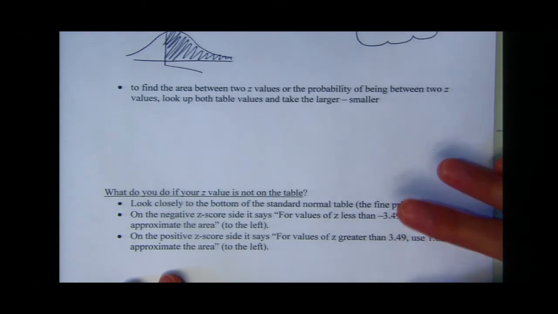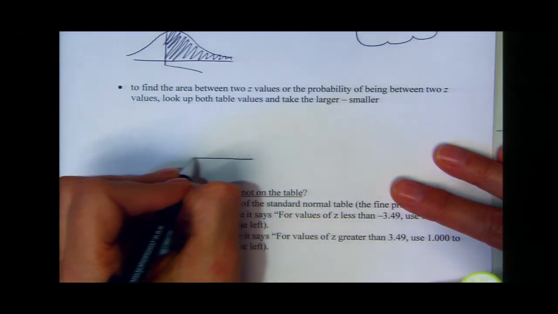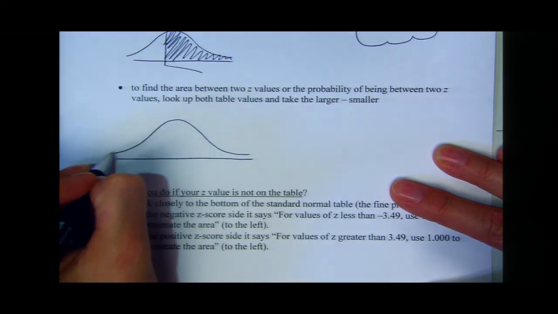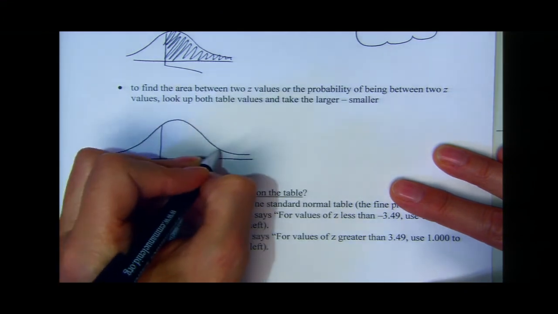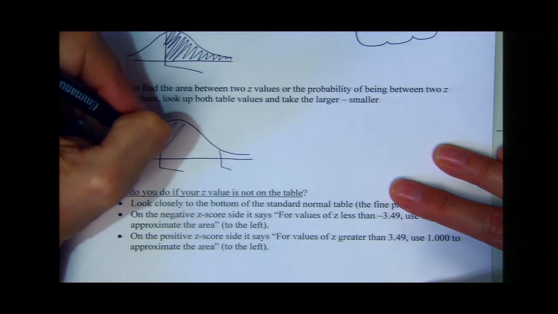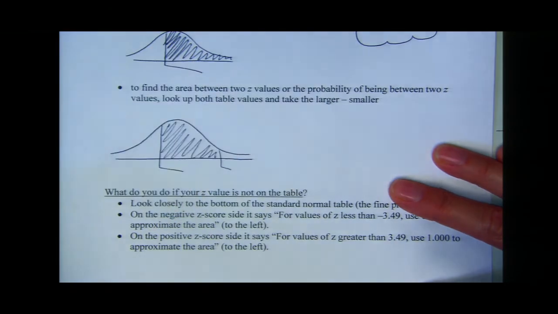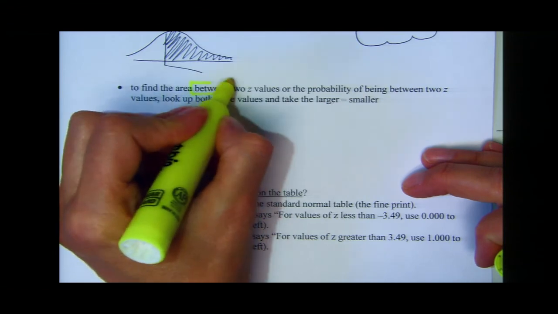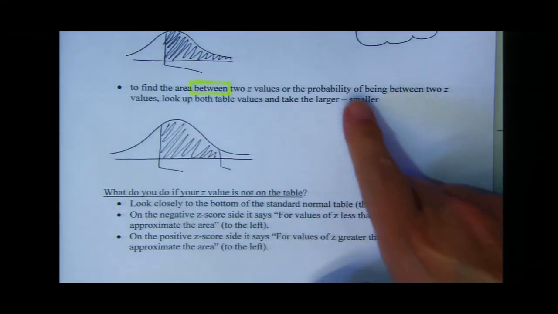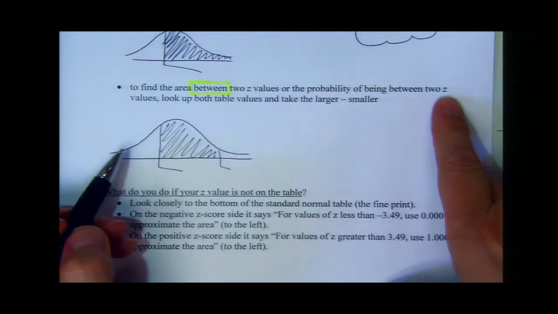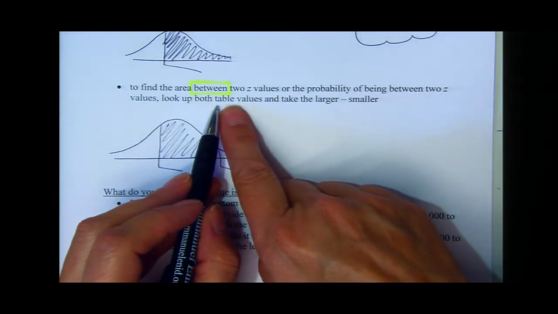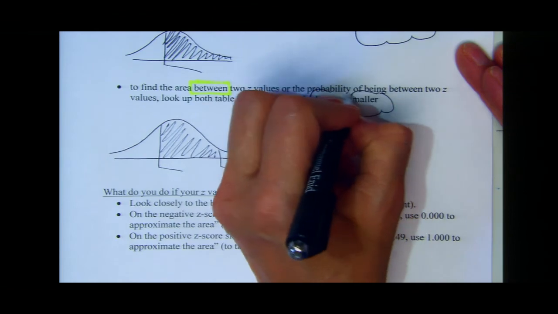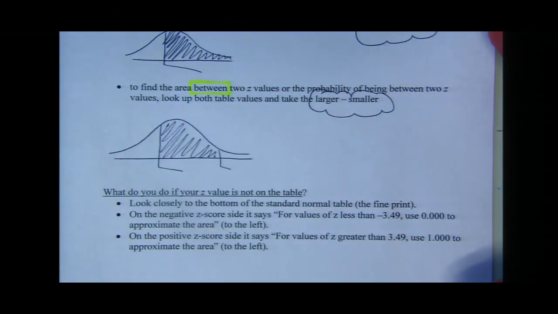And then the last example was when it was shaded in between. So that could be something like this. So to find the area or the probability between two z values, look up both table values, and you're going to take the larger minus the smaller.